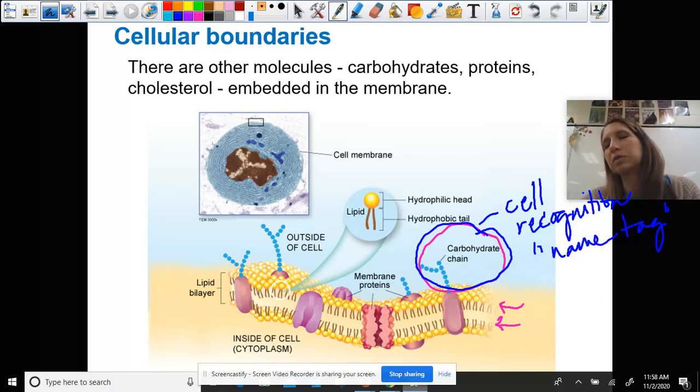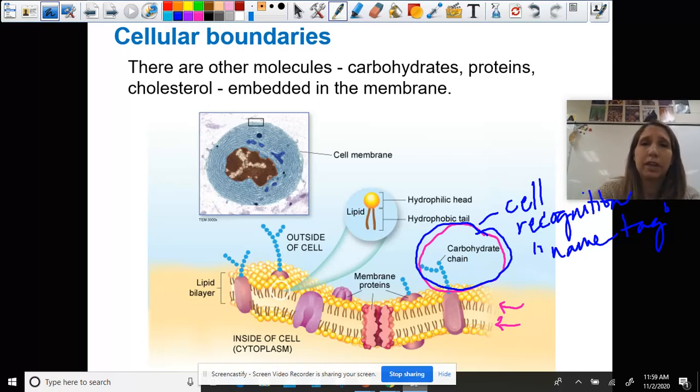If you think about two cells floating through a living thing, or in two different locations of a living thing, these name tags will help them identify who's who, because cells can't see into other cells, right? Obviously. So it's kind of like a house number on your house that identifies what address your home is at. But it is strictly like a name tag.